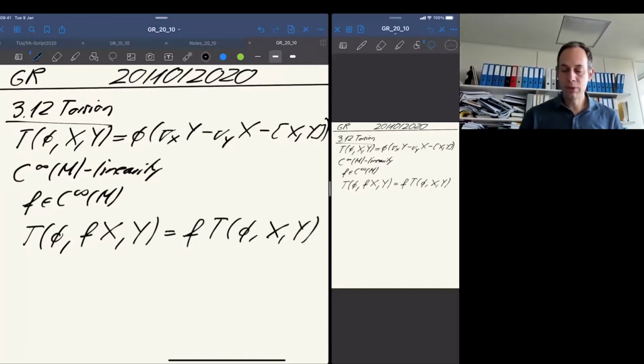To see the meaning of that, it is useful to remember that everything is defined on the whole manifold.